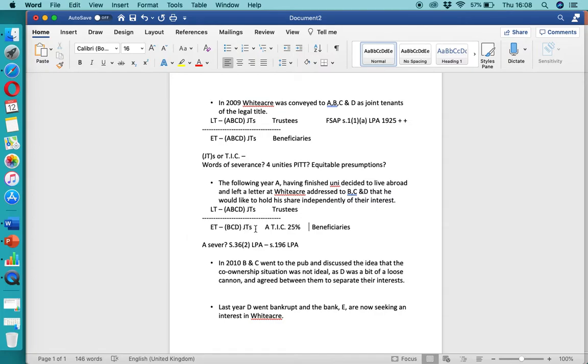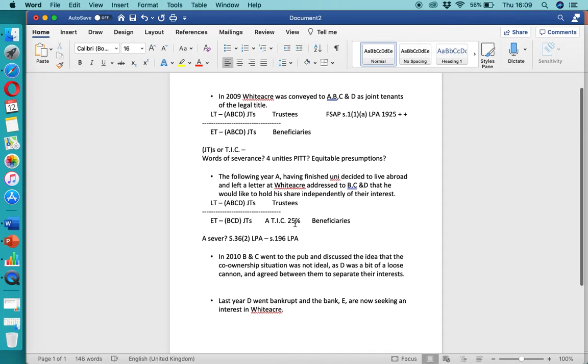So no, everybody hasn't severed, only A has severed his interest from the others. A takes himself outside the brackets for 25% because it becomes an equal share in that moment of severance under Goodman and Gallant, and the rest stay as joint tenants. So that's physically what would happen to everybody's percentage hold in that key moment.